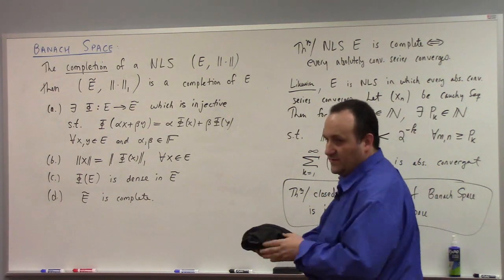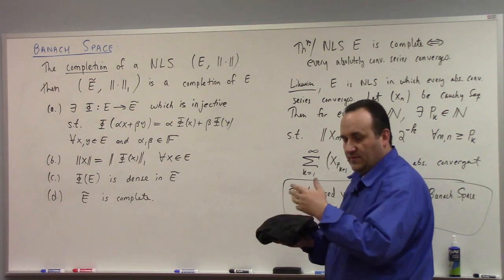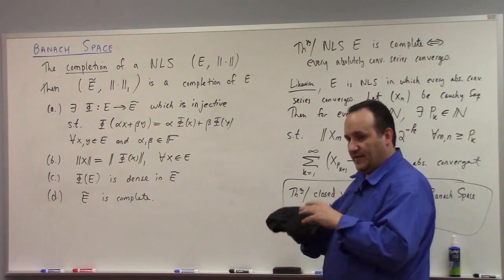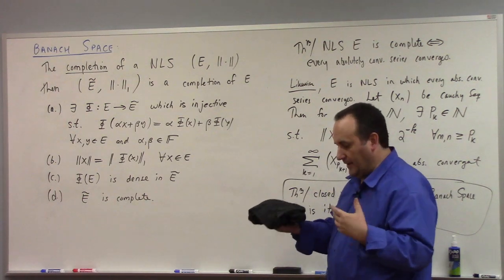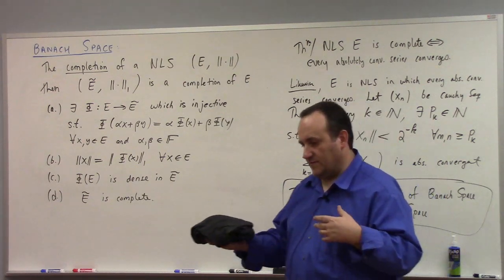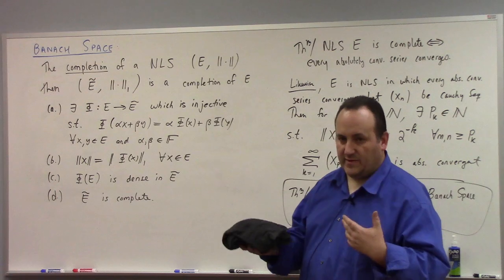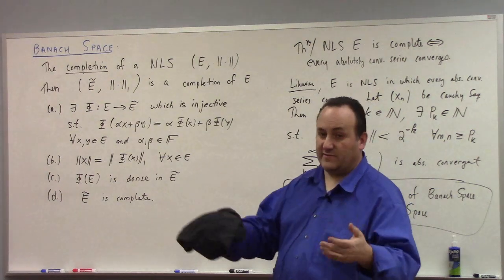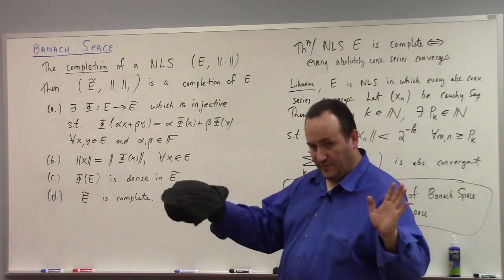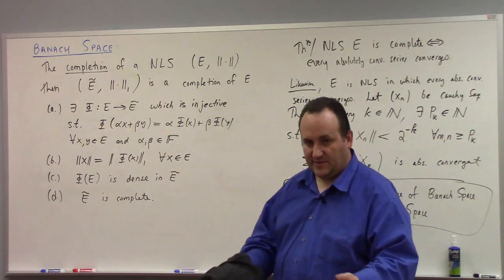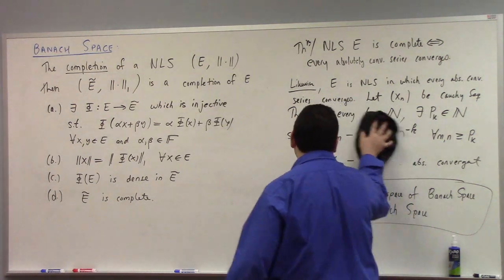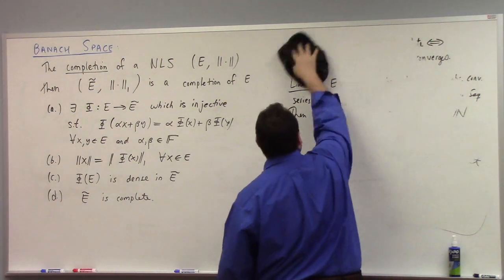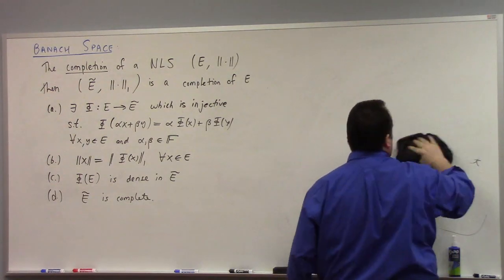I think this is important. If you think about the rational numbers with respect to the absolute value function, they form a normed linear space, because the sum of any two rational numbers is rational, looking at the rational numbers as a rational vector space. It's a normed linear space with respect to the absolute value function, but it's not complete. Pick your favorite example.